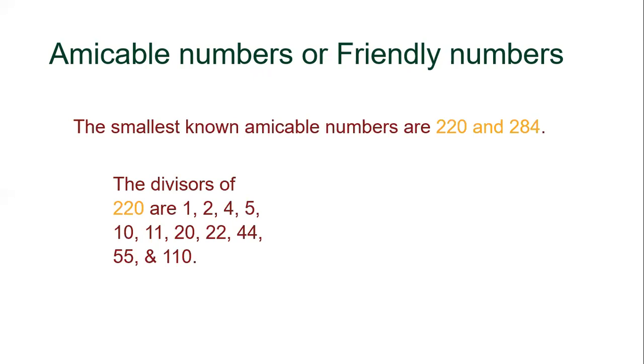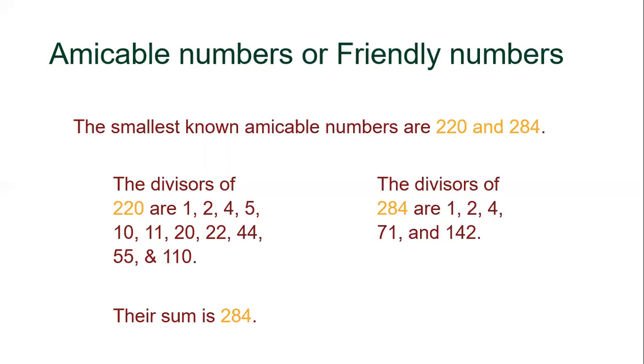Let's look at 220. The divisors of 220 are 1, 2, 4, 5, 10, 11, 20, 22, 44, 55, and 110, except 220, right? If we get the sum of these numbers, their sum would be 284. Now let's look at 284.